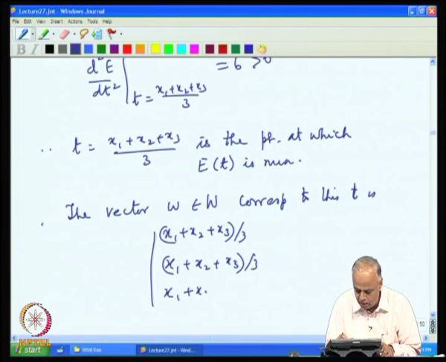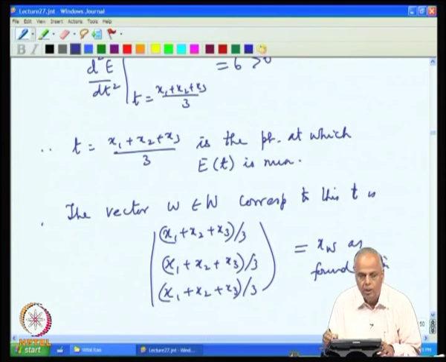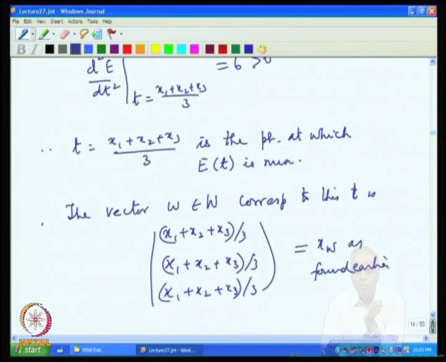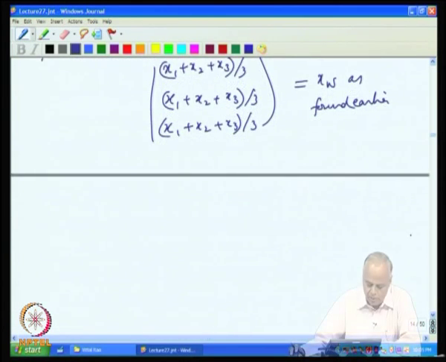Now, we have found the t value, and this was equal to x_W as found earlier. So, thus we find that the best approximation is indeed the projection of x onto W.